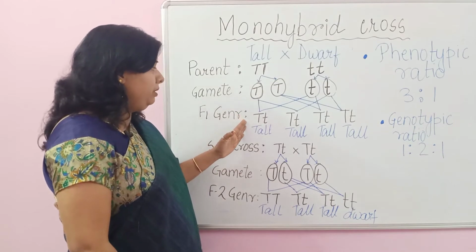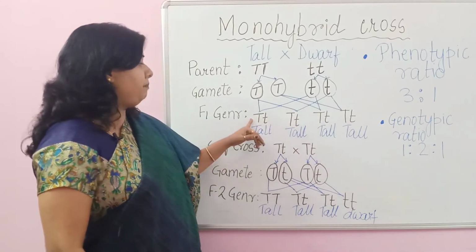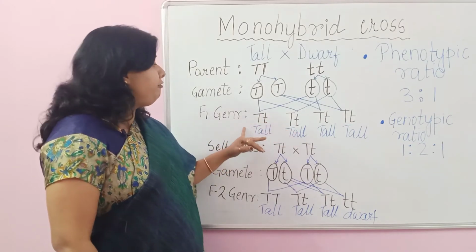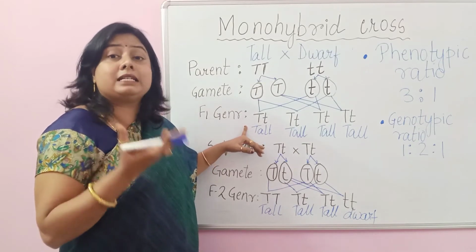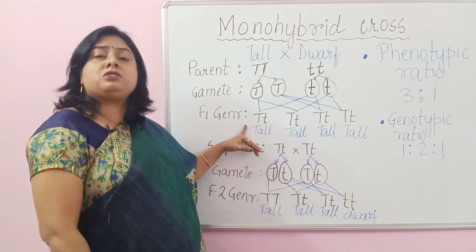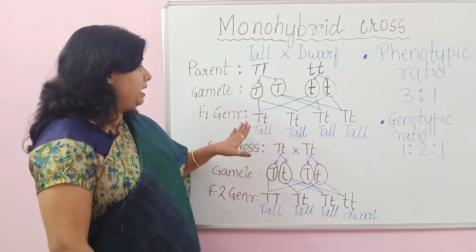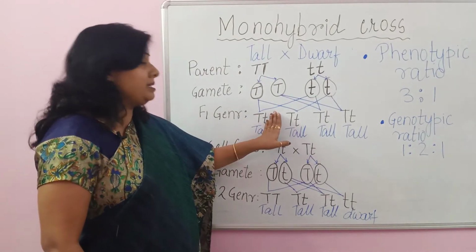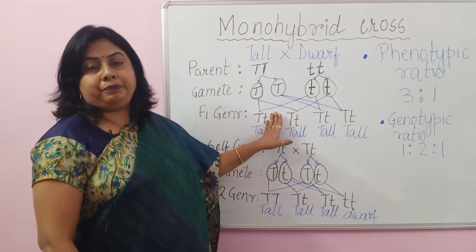And what he found? That every combination has a capital T and small t. And the phenotype of the plant is tall. Phenotype means the external appearance of the plant. The external appearance is tall. So what Mendel said is that the capital T has masked the effect of small t.